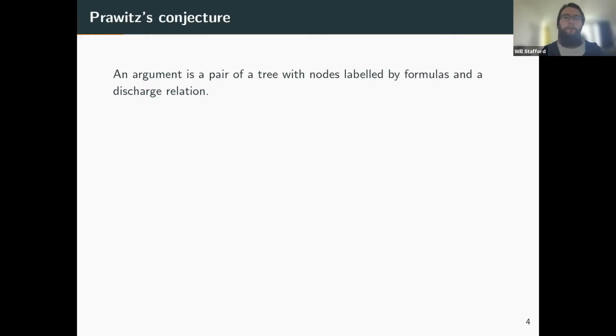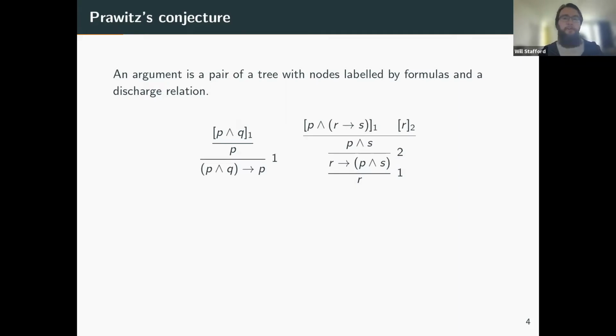Prawitz then uses this to develop a notion of validity on arguments, where an argument is something that looks like a proof. Formally, we could think of it as a tree with nodes labeled by formulas and a discharge relation. So, for example, this proof that we know and love is an argument, but this kind of absurd graph with discharge relations is also an argument.